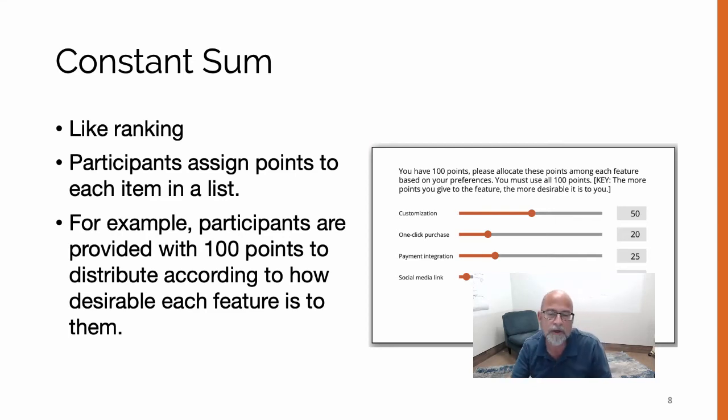But we could also do something like ranking called a constant sum. In this constant sum, it's sort of like giving somebody, imagine you gave somebody 100 $1 coins, right? Not gold coins, but silver coins, $1 coins. And had a big list of features, and they could distribute those $1 coins in any way they would like. So maybe one particular feature gets 56 $1 coins. And then another one gets 20 $1 coins.